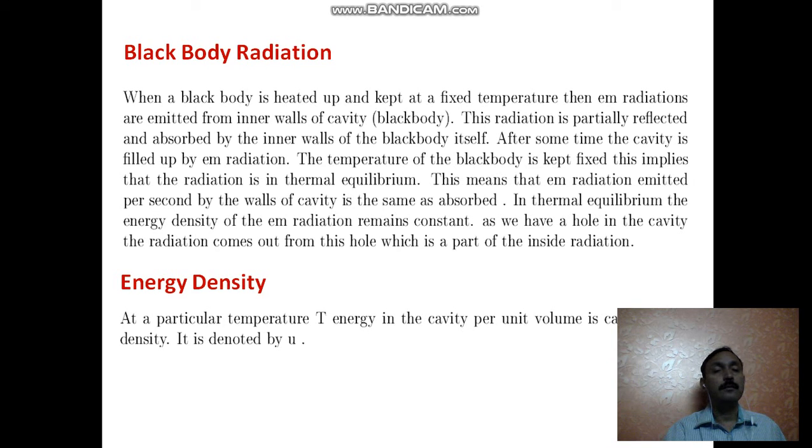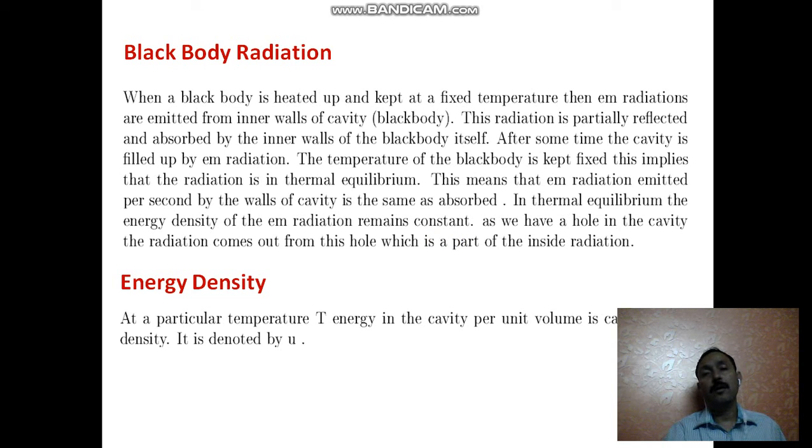Black body radiation. When a black body is heated up and kept at a fixed temperature, electromagnetic radiations are emitted from the inner walls of the cavity. This radiation is partially reflected and absorbed by the inner walls of the black body itself. After some time, the cavity is filled up by electromagnetic radiation.